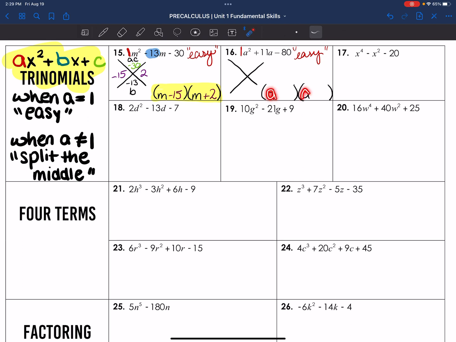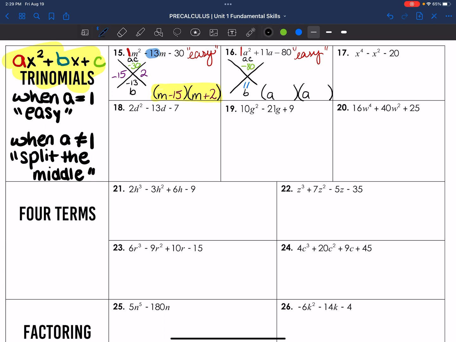I just need to find the constants that will finish this off. So I'll use my little cross. The b is going to go in the bottom and ac on top. What is our b value? That is an 11, and our a times c is a negative 80.